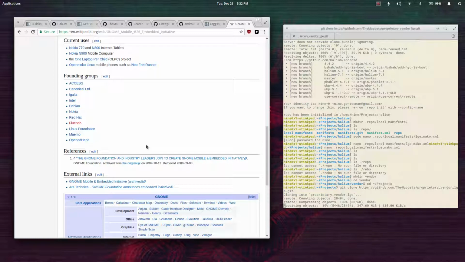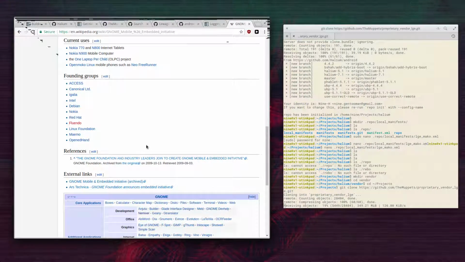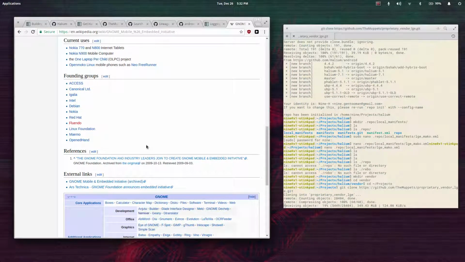Maybe 2018 is when we're going to actually see these projects set up Travis CI and start shipping nightly images for multiple handsets. Maybe not. But that's what it's going to take.